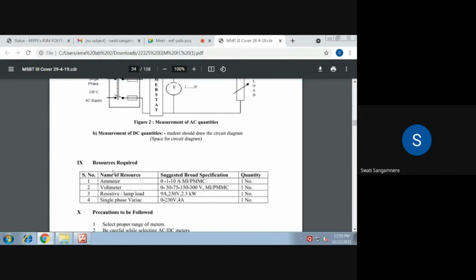You can also add a resource required table for DC: DC ammeter, range 0 to 15 ampere, quantity 1, then voltmeter 0 to 300 volt, quantity 1, then resistive load bank.